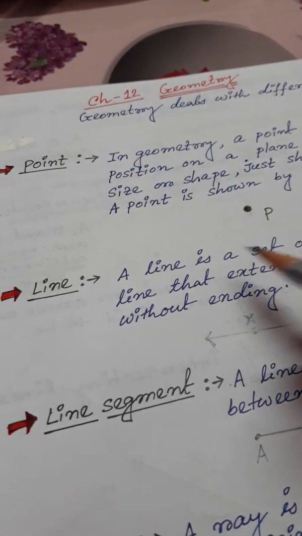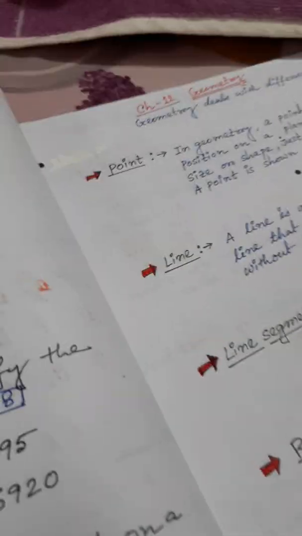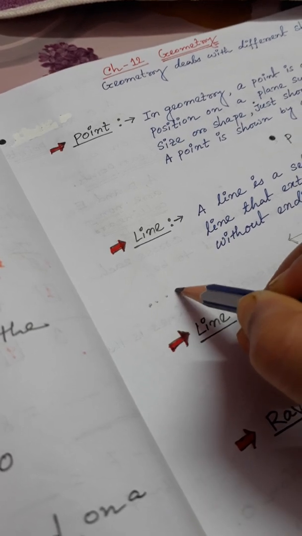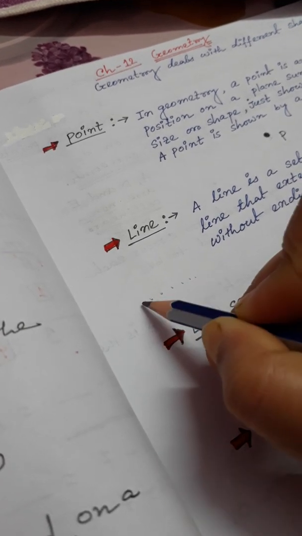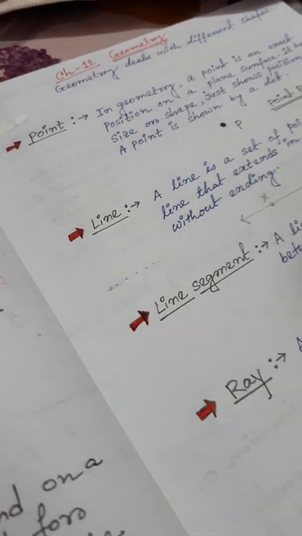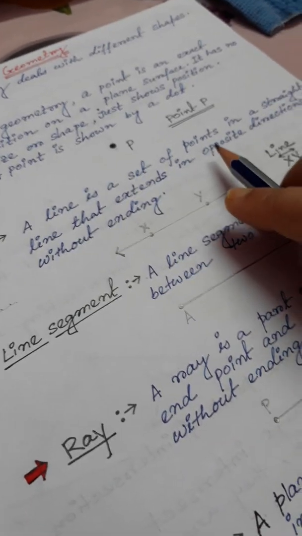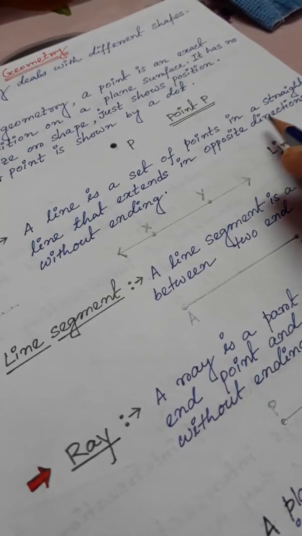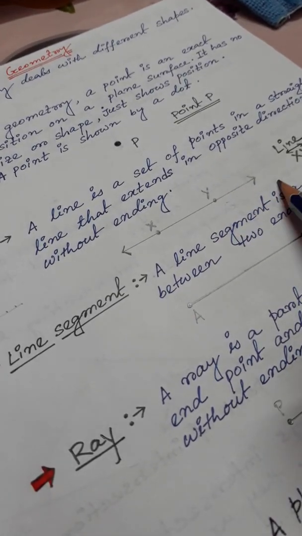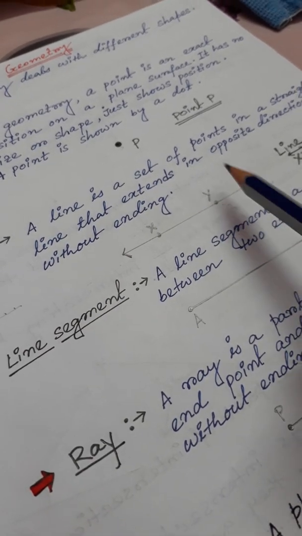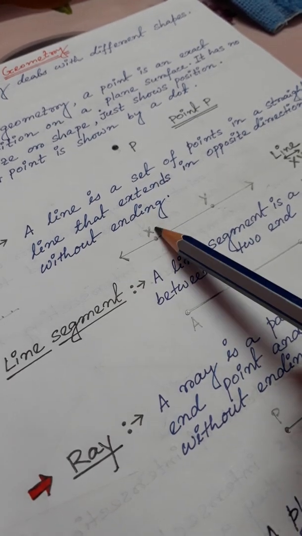Okay, so let's see line. Students, if I draw a number of points here, and then we add those points, what will we get? We will get a line. A line is a set of points in a straight line that extend in opposite directions. See, on both the right side and left side we can extend it in opposite directions without ending.